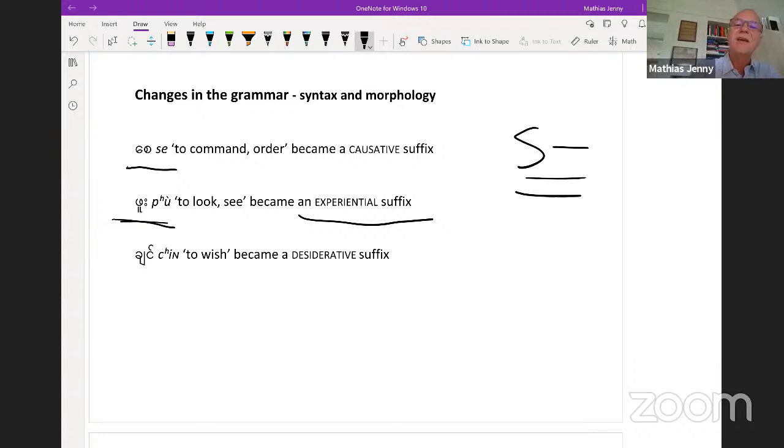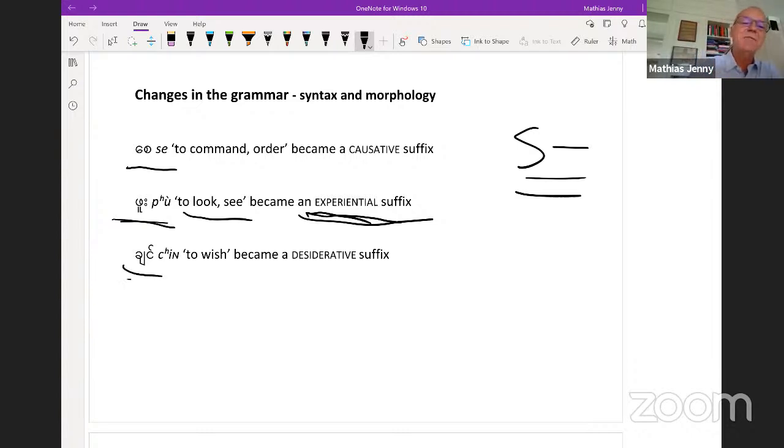This is called experiential. I've had the experience of doing something. Now, look and see is quite far away from experiential, but of course, to look, see is an experience. So experiential is certainly connected to the idea of looking or seeing.